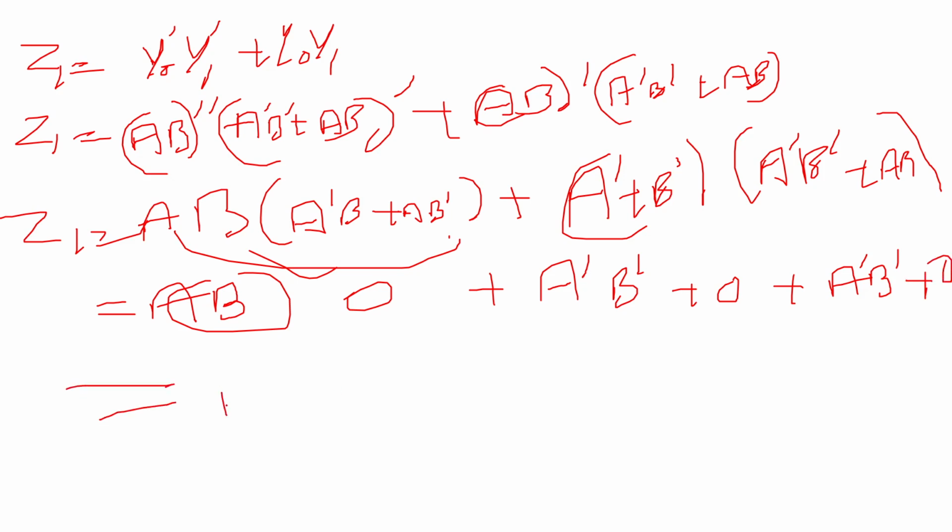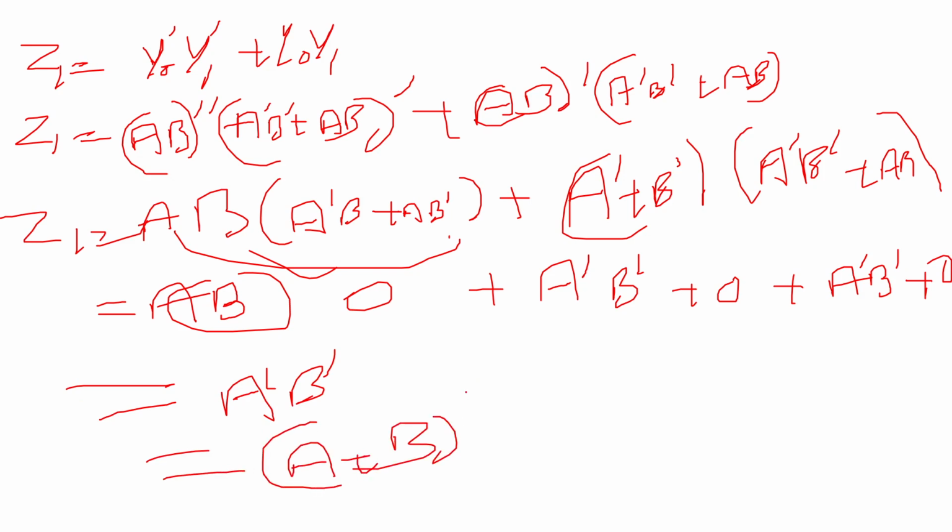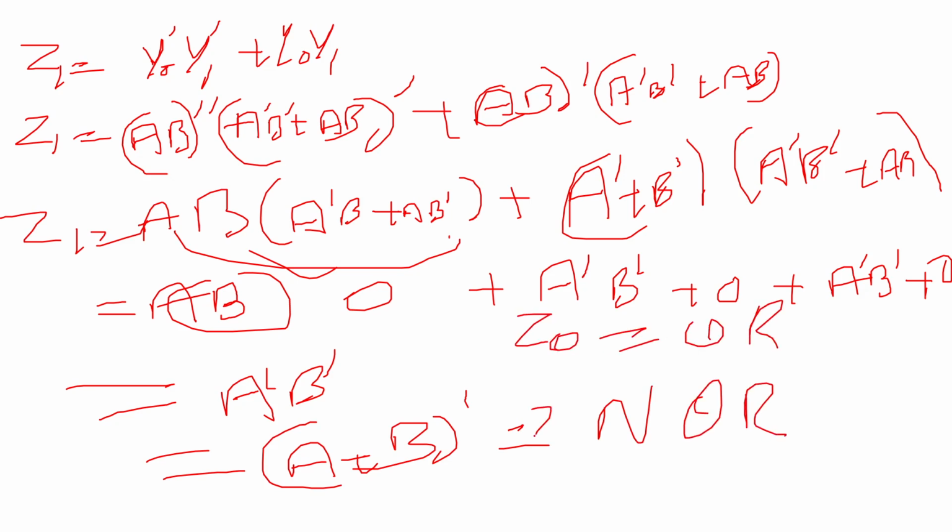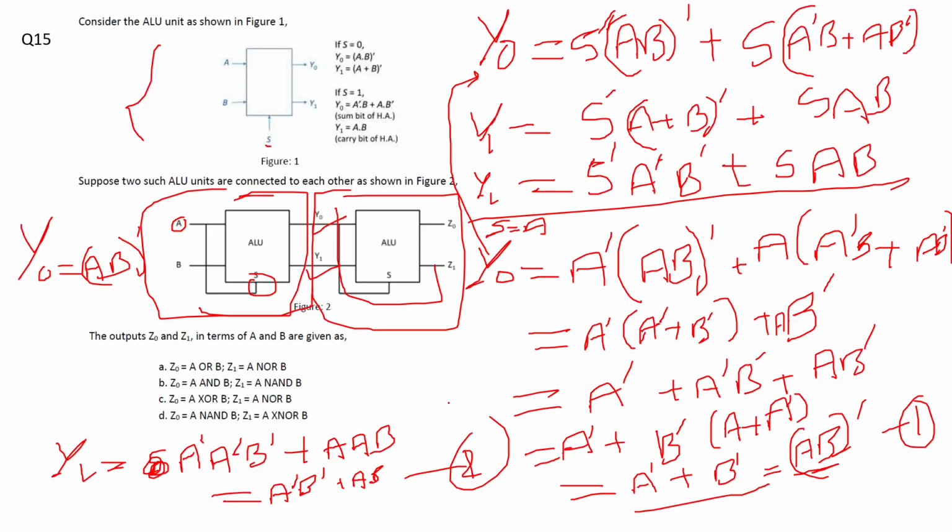So I am finally getting a complement b complement, so this thing is equal to a plus b whole complement. So this is NOR. So my z0 was OR, my z1 is NOR, so option A was the correct answer.